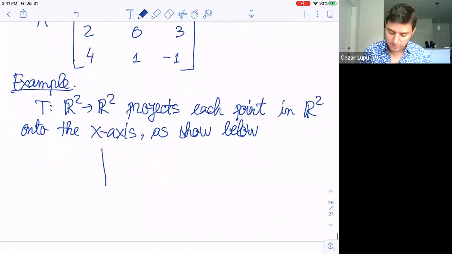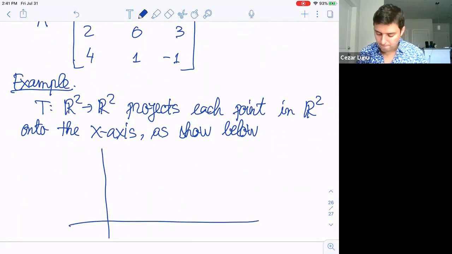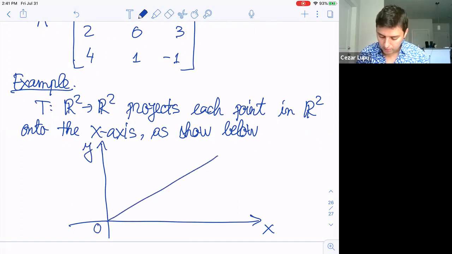So let's draw a picture here. This is the y axis, and this point will be projected on the x-axis.